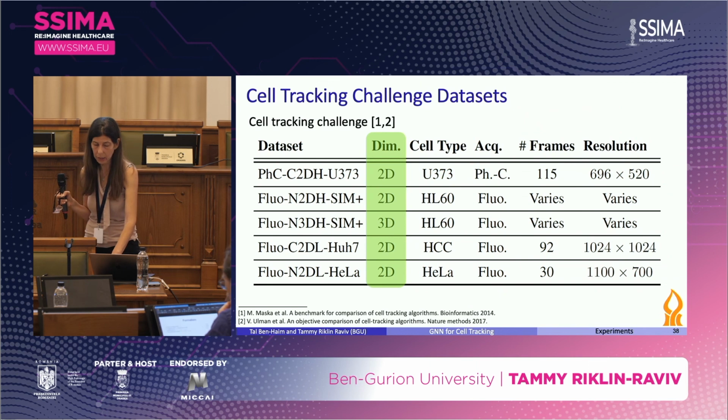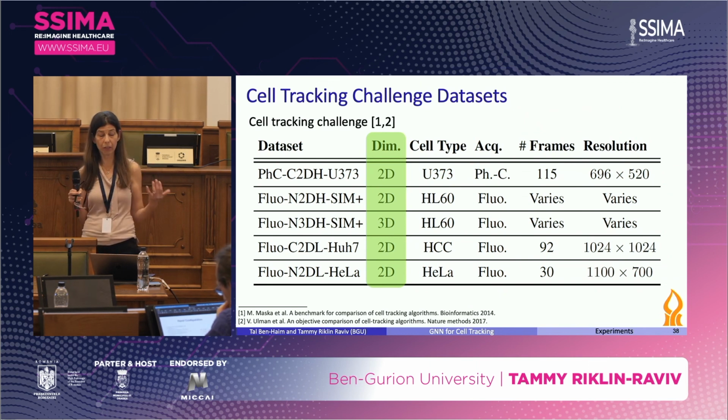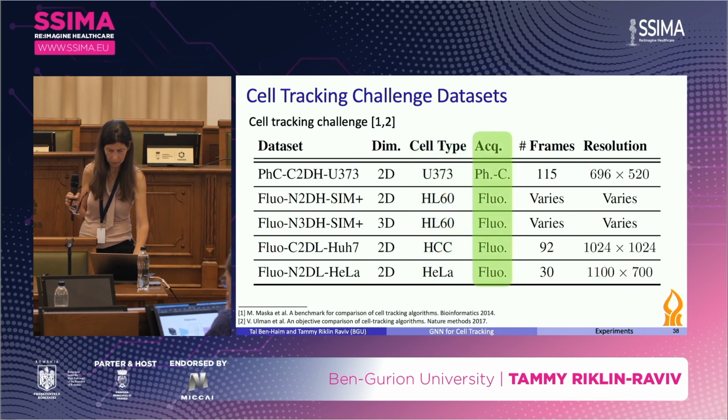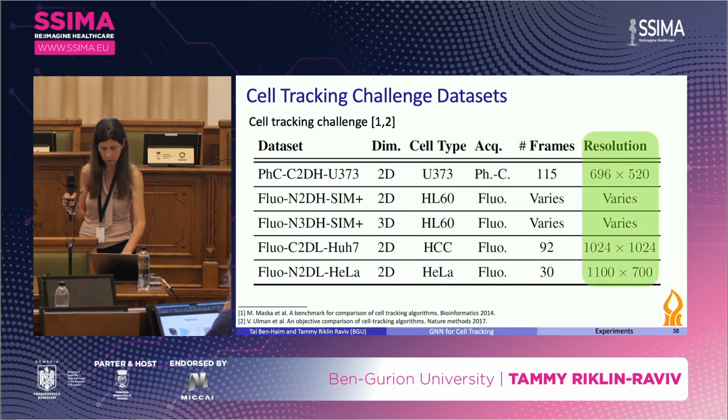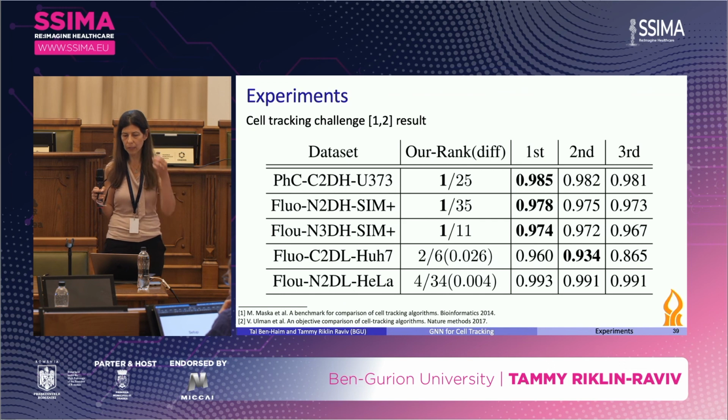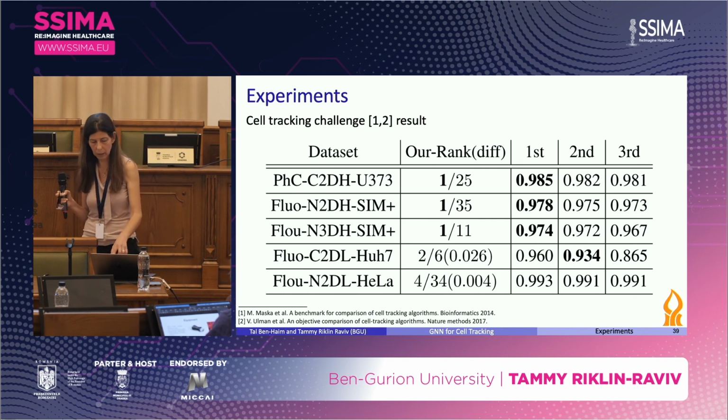So as you can see, these data sets are of different dimensions, either 2D and 3D, different cell types, different acquisitions. So the first one is phase contrast and the other is fluorescent. Different number of frames and different resolution. And here you can see the score. So for 3 data sets, we won the first place, for one, the second one, and for 1 data set, the fourth one.